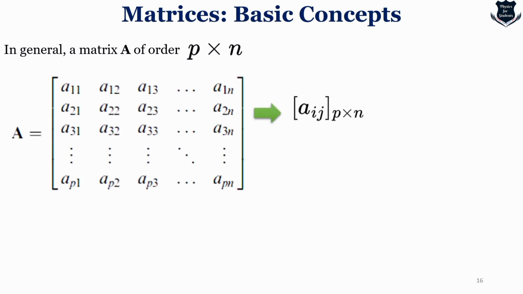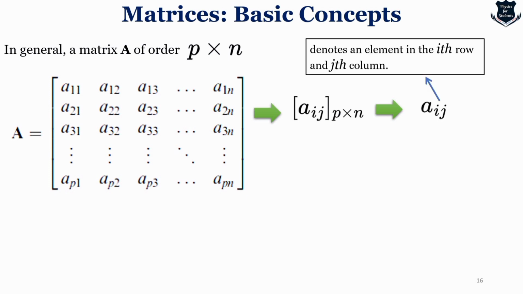It is generally written as A sub ij, with order P times N, and it can also be written just as A sub ij. Why? Because the order P times N is quite common, right? So that is how we write it.